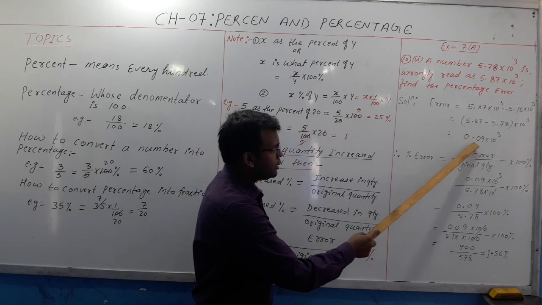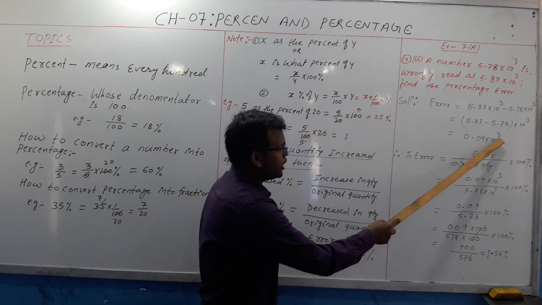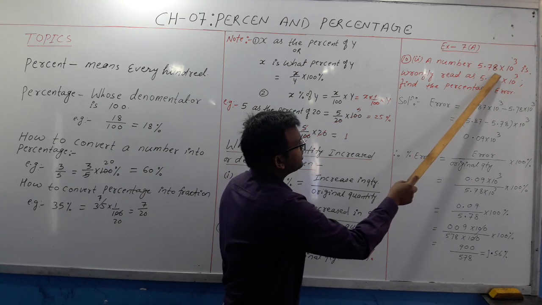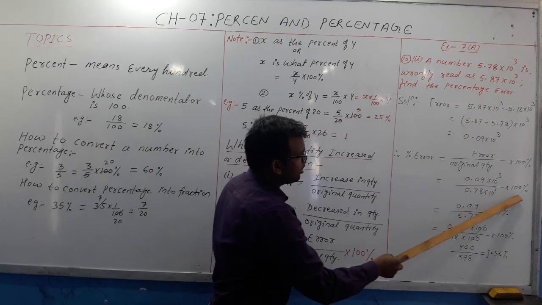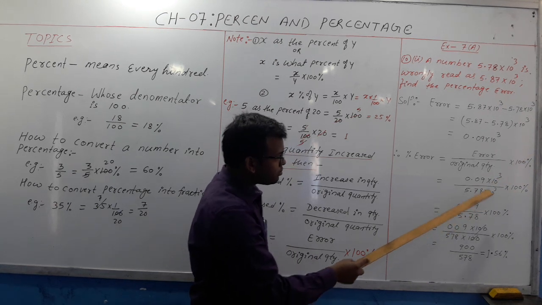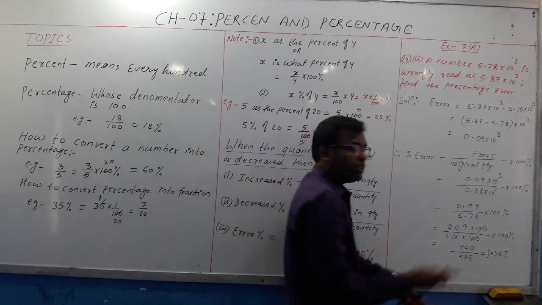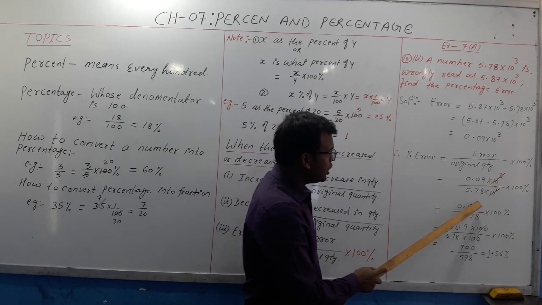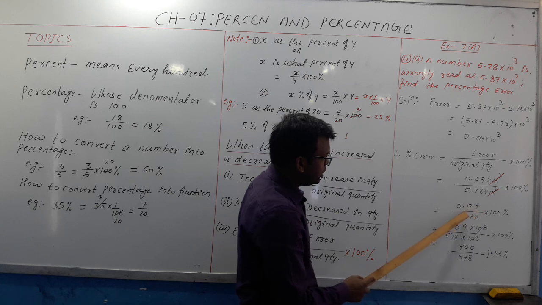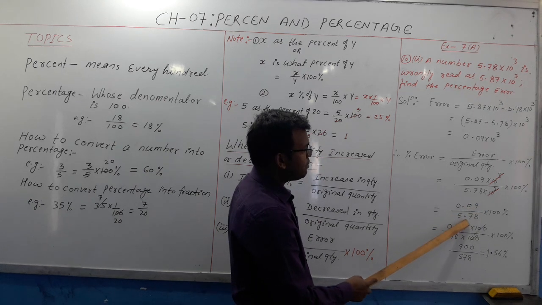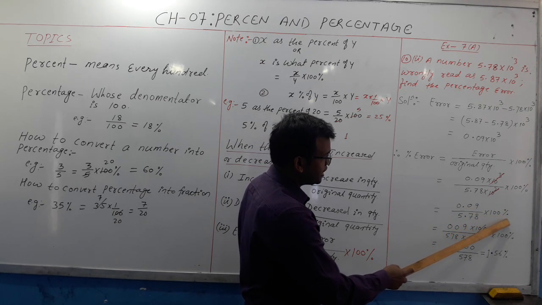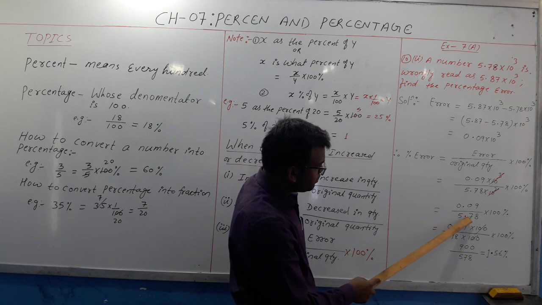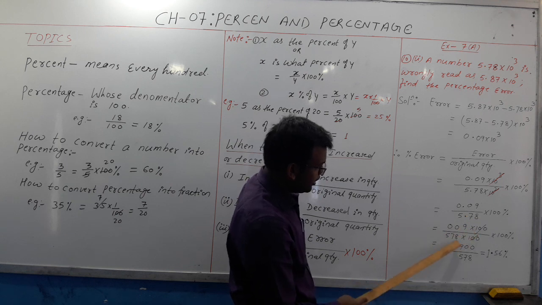So replace error with 0.09 into 10 to the power 3 and original quantity is this one, 5.78 into 10 to the power 3, into 100 percentage. And see, 10 to the power 3 are cancelled. So the rest of the part is 0.09 divided by 5.78 into 100 percentage, and you convert this decimal by multiplying and dividing by 100.